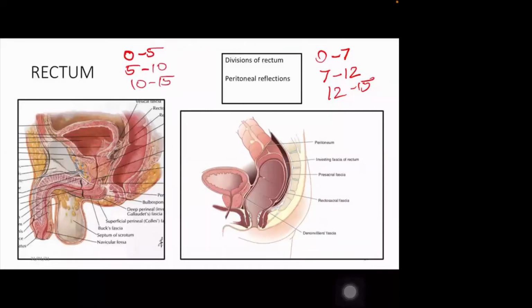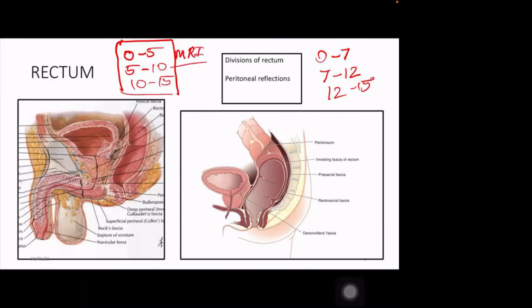For rectal cancer we follow MRI staging, which helps us decide on the need for neoadjuvant therapy and the treatment. So based on MRI, the rectum is divided into low, mid, and high: 0 to 5, 5 to 10, 10 to 15. And this is roughly the clinical division of the rectum: 0 to 7, 7 to 12, 12 to 15 centimeter.